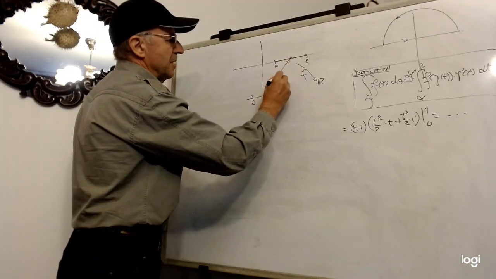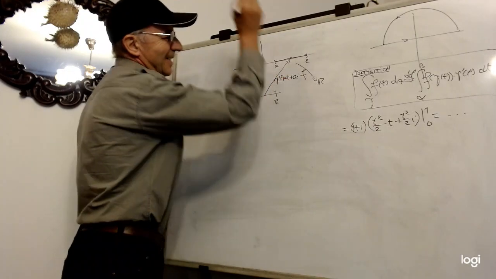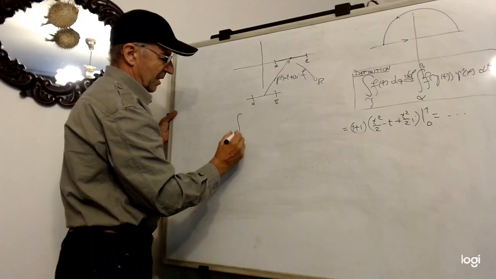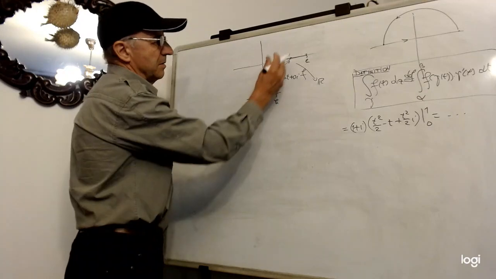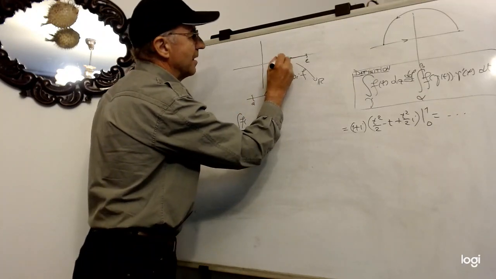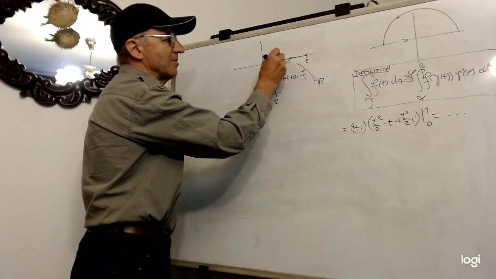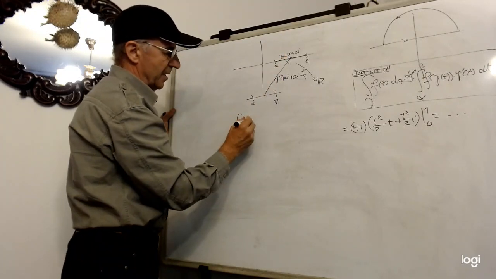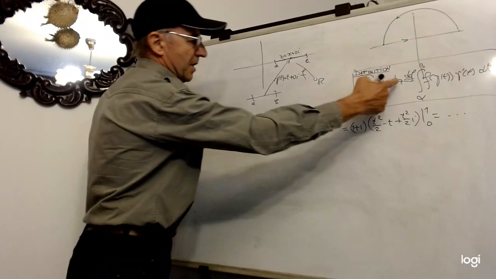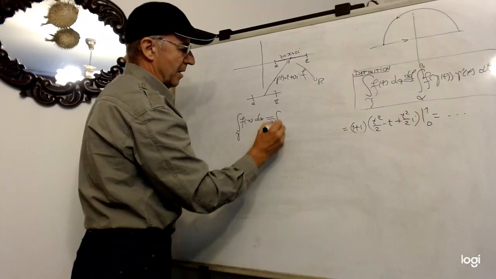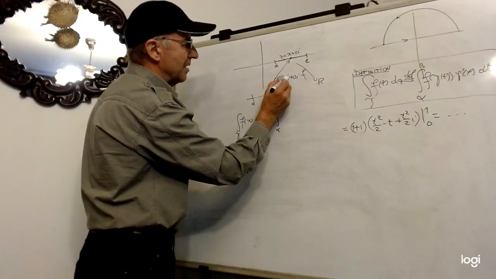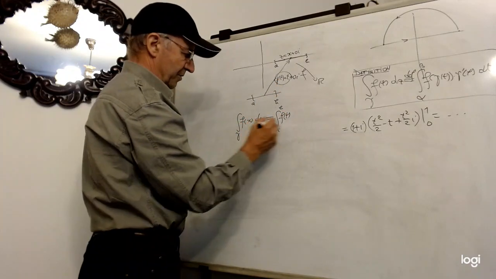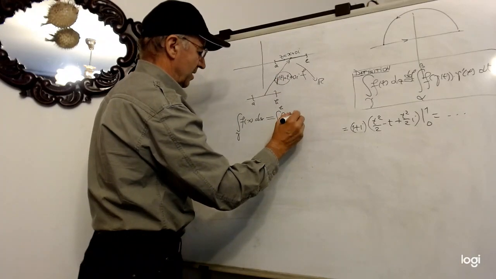And gamma of t is just t plus 0i, t. And in this case, the integral along gamma of f of z, but in this case z is on the real axis, so z is of the form x plus 0i, so we can put f of x dx, and if we use our definition, this will be the integral from a up to b. f of gamma of t is just t, so here it remains f of t, times gamma prime, which is 1, dt.